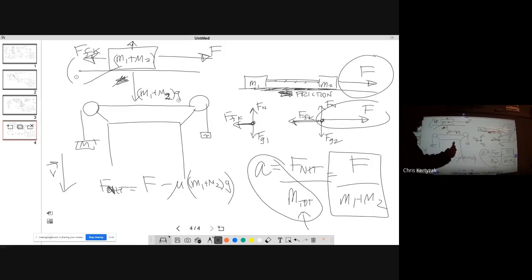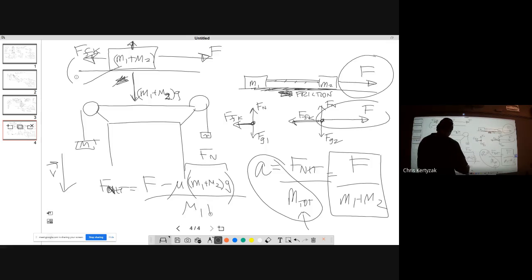Total weight, so the sum of their masses times g. So the normal force up, even though I drew it small, is really the same length as this one, but up. All divided by m1 plus m2.